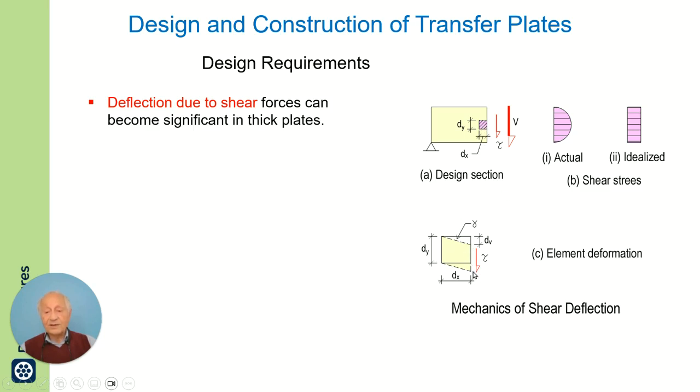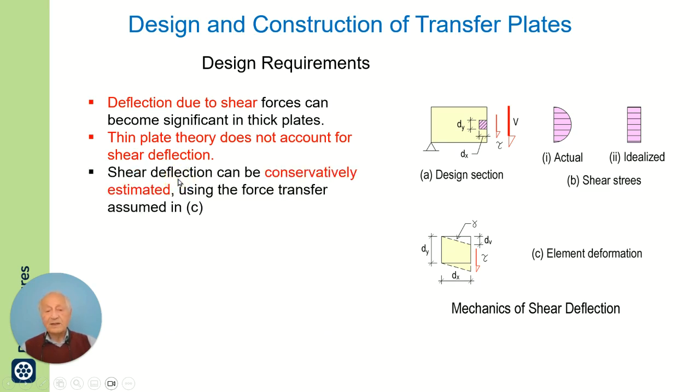So this displacement gamma will result in shear deformation. Thin plate theory doesn't account for shear deflection, but shear deflection can be conservatively estimated, as shown in C, by this mechanism.